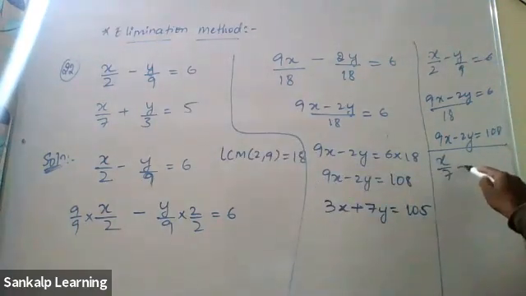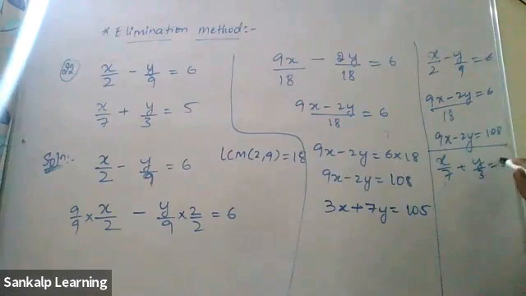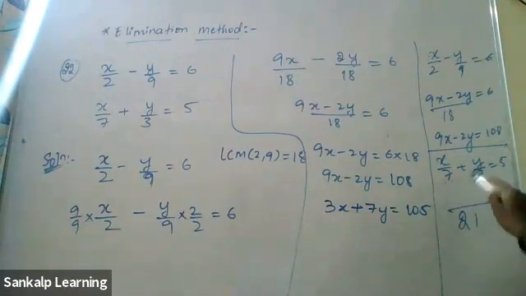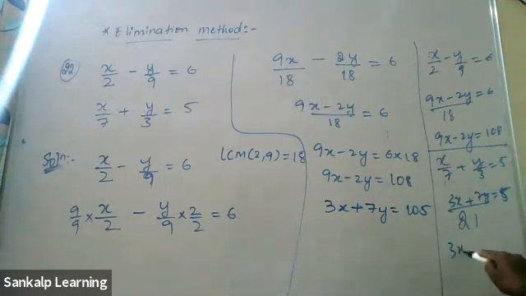x by 7 plus y by 3 equals 5. Multiply the denominators. 7 3s are 21. Cross multiply. 3 into x is 3x, 7 into y is 7y, equal to 5. Send 21 to the other side, 5 into 21 is 105. 3x plus 7y is equal to 105.